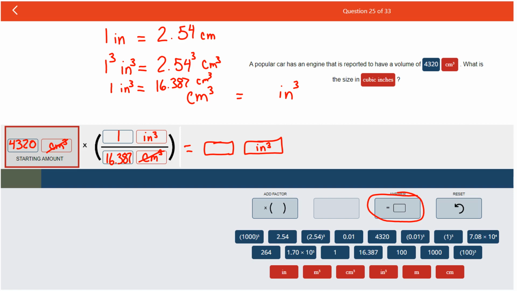How many Sig Figs should our answer be in? 3, because 432 is only 3 Sig Figs. Remember, since this was a known conversion factor, it is an exact number, so it doesn't affect our Sig Figs.